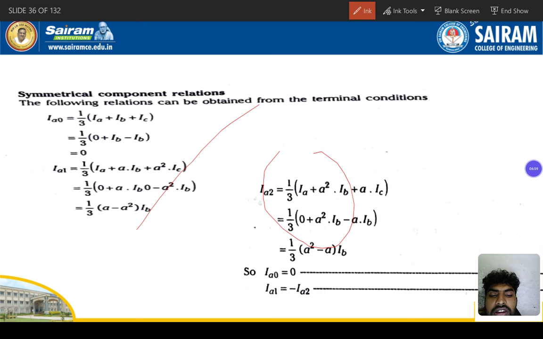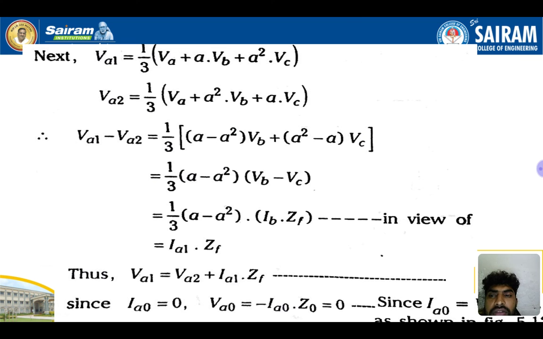So IA0 is equal to 0, IA1 is equal to minus IA2, and finally we'll get the equations like VA1 is equal to 1 by 3 of VA plus a VB plus a square VC.